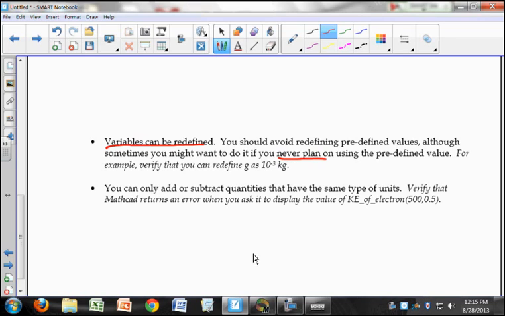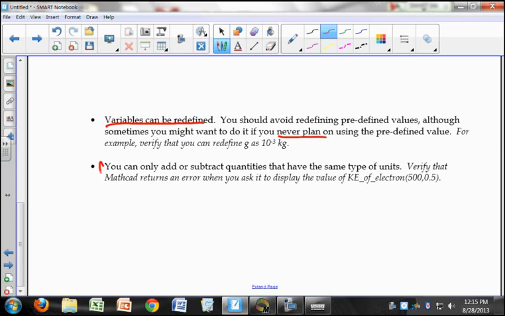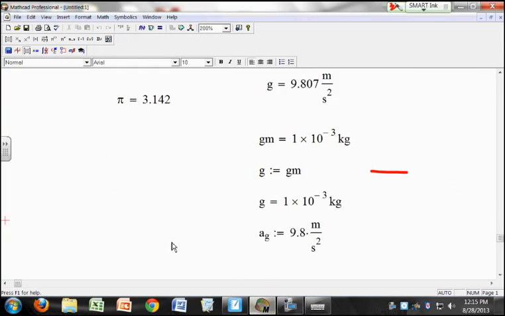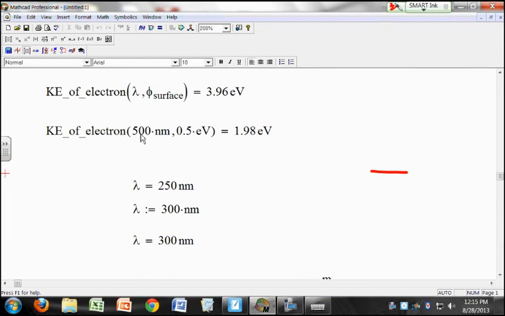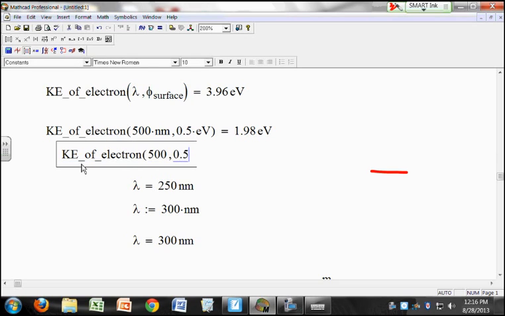And also, you can only add or subtract quantities that have the same units. So, for example, if you do KE of electron and you don't specify units for 500 and 0.5, look what happens. Mathcad expects to see a quantity that has length here and a quantity that has energy there. So if I type KE_of_electron(500, 0.5) and press enter, Mathcad doesn't know what to do.